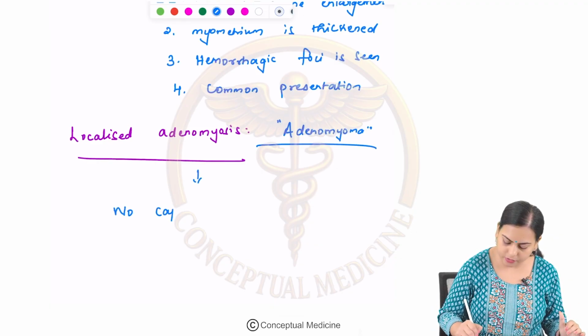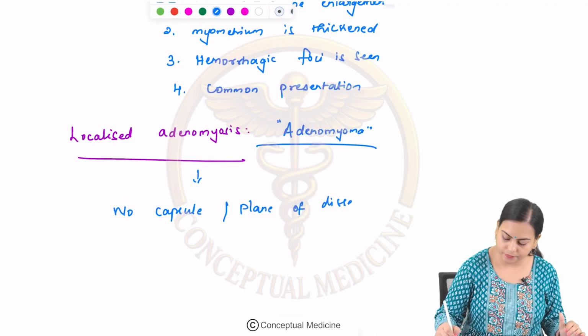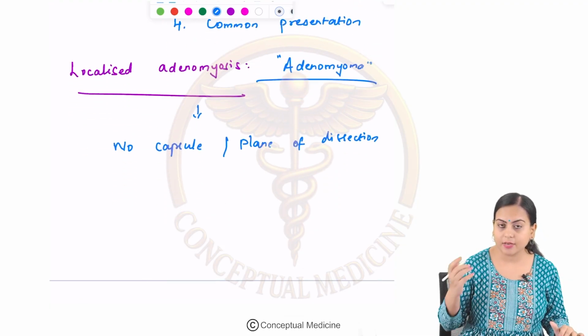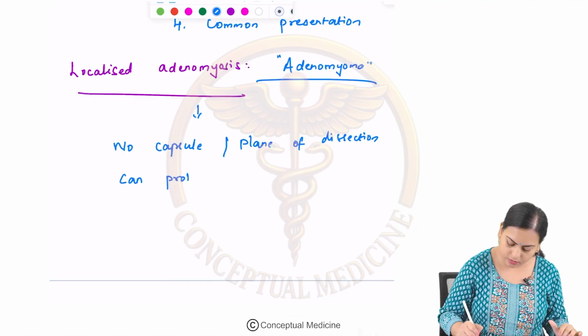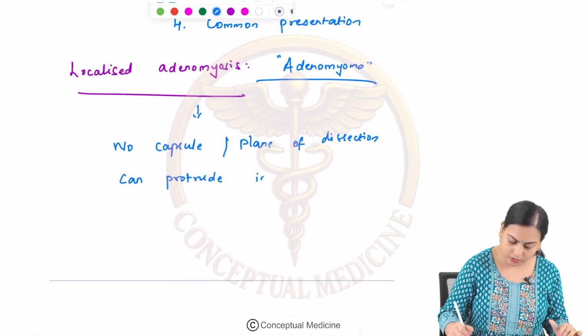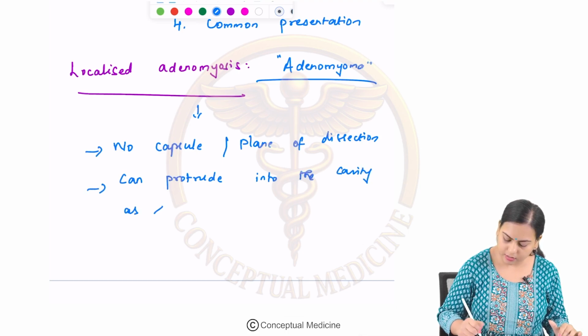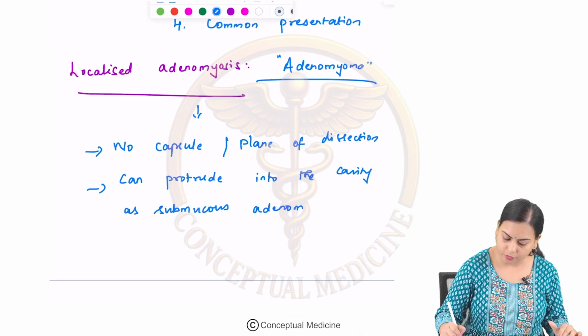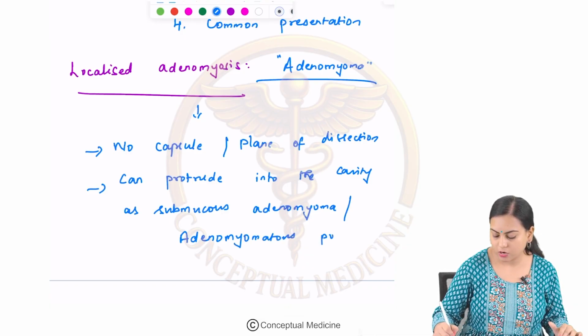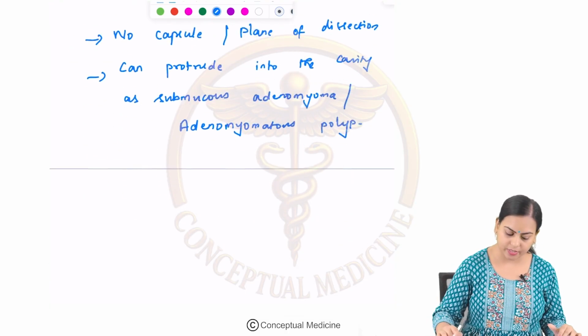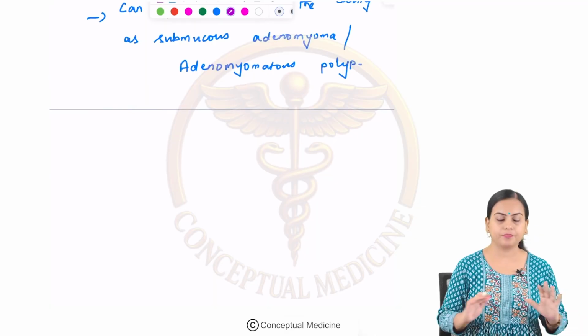Here there is no capsule or plane of dissection, and this can protrude into the cavity as submucous adenomyoma or adenomyomatous polyp. Clear? Right.